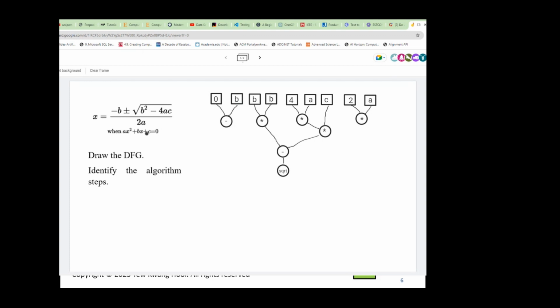So let's do plus first. So what happens is that I'm going to take negative B plus with the result of the square root, right? Alternatively, look at this. I can also minus. This is how you do it.